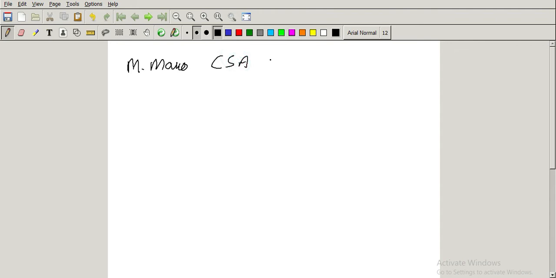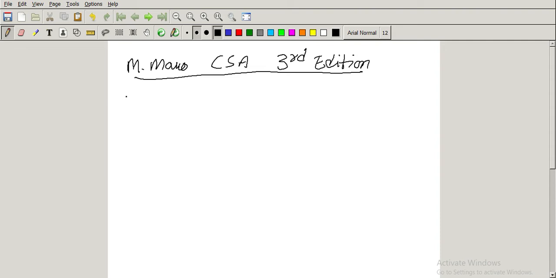This is your reference book, so you have to study from this book only, as in the syllabus they have given from which topic to which topic you have to study. So this is your book.